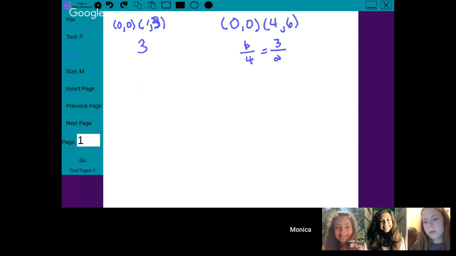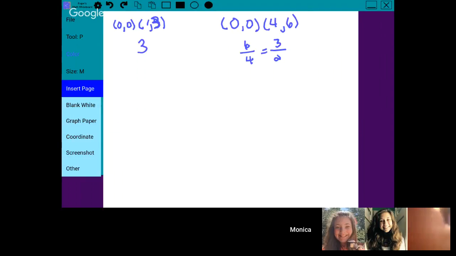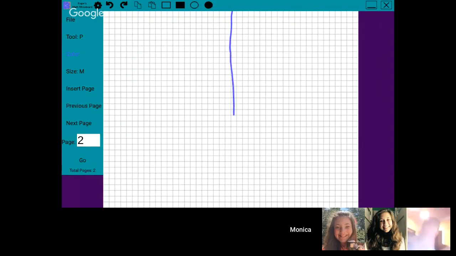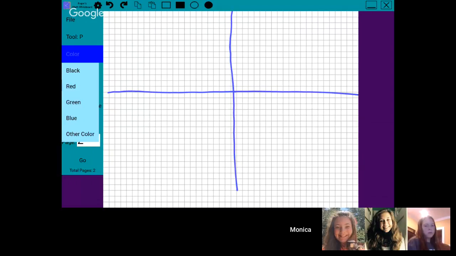So think about that when you're graphing, okay? So here's my X and Y axis, okay? If I'm going to start here, okay.